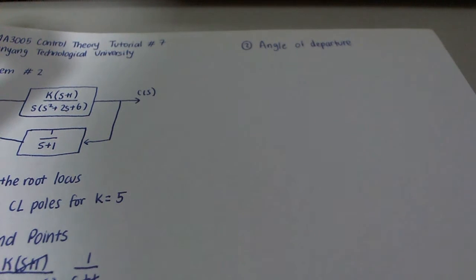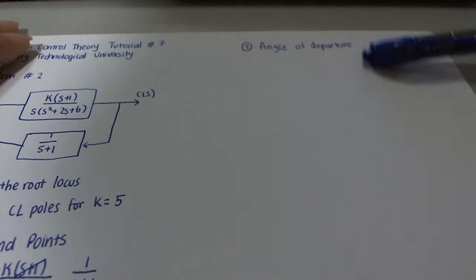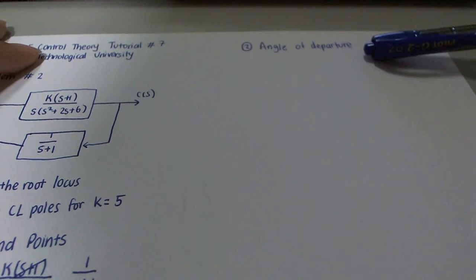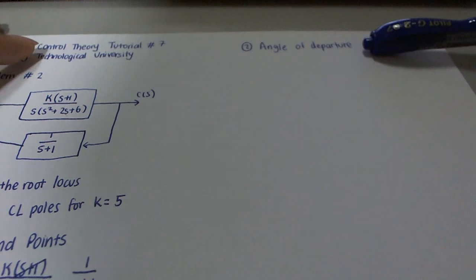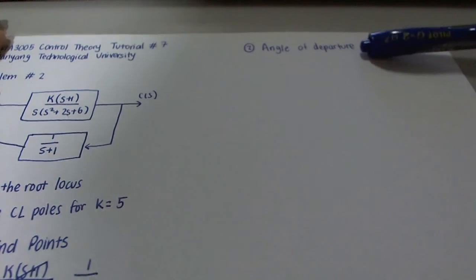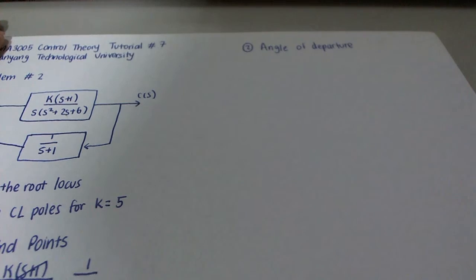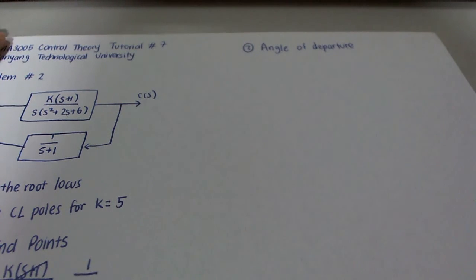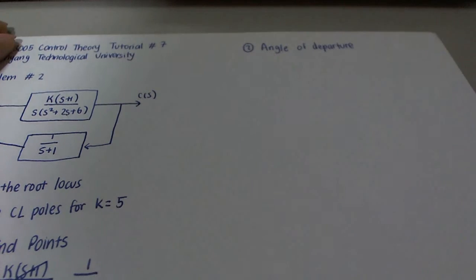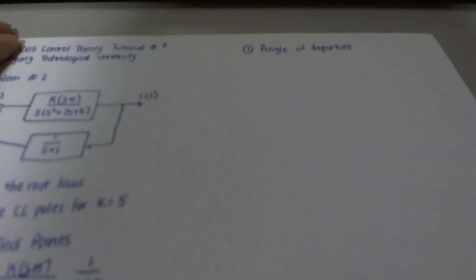As we know, the root locus is always symmetrical about the x-axis, or the real axis. So we need to find the angle of departure of the poles located either at the top or at the bottom of the real axis. People usually find the angle of departure for the top section and then just copy everything down as a mirror image about the x-axis.